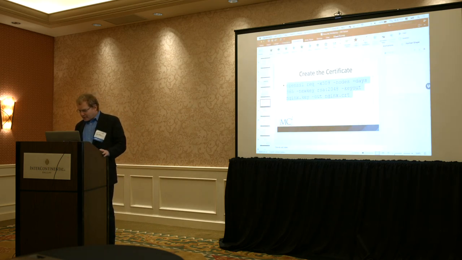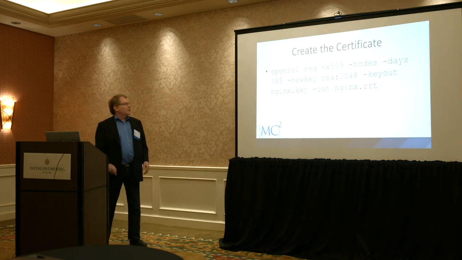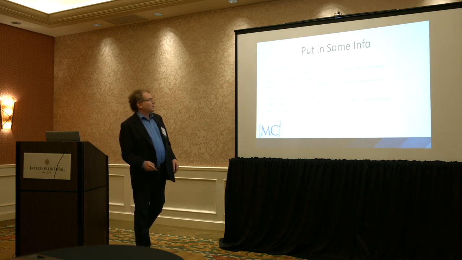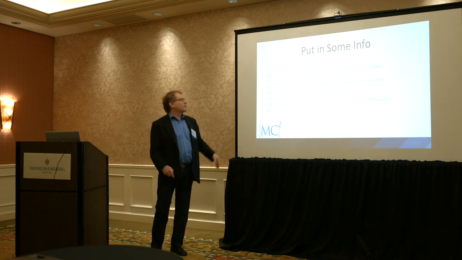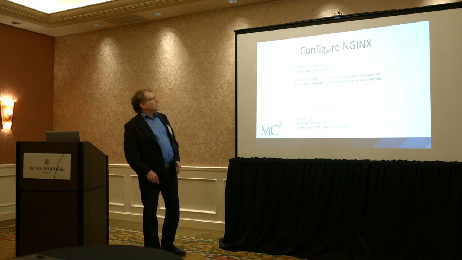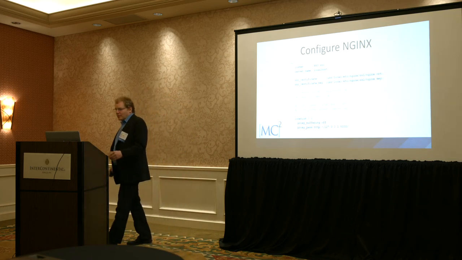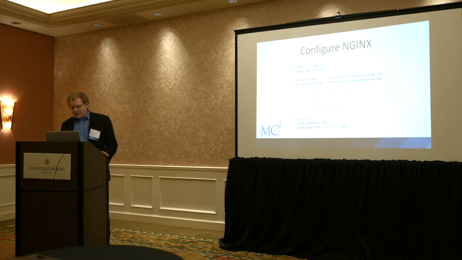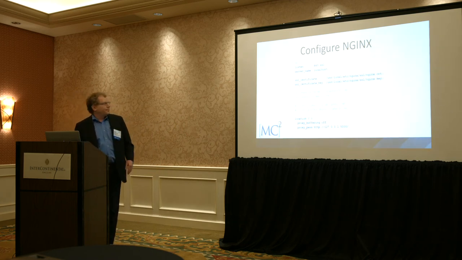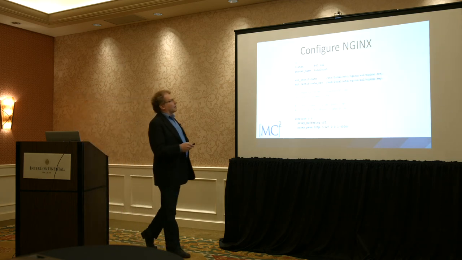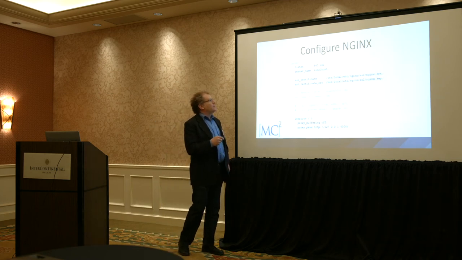And we'll go back to my slide deck here. So that is step 1, and we just did this step here where we put all of our information in. The next thing we've got to do is configure our server. So what we're doing here is saying that this is inside of the nginx configuration.